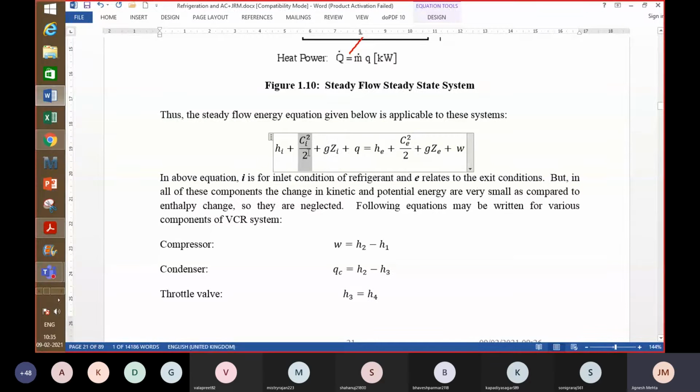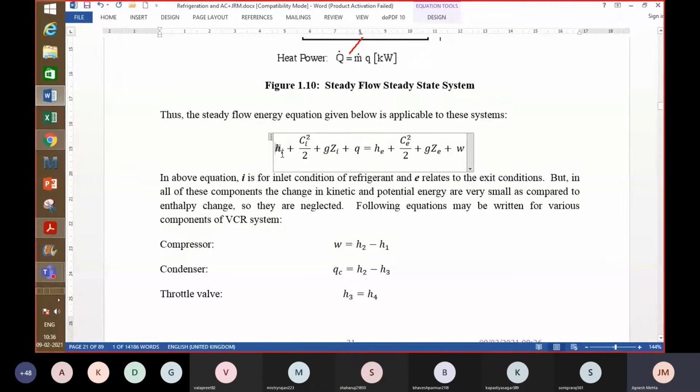They are negligible because it's a small device, and we are not saying that the velocity will be equal to 0, right? But the change in Ci square by 2 and Ce square by 2, the difference between those two will be very small, many times a fraction of a percent as compared to the other change. And the main change is the change in enthalpy. Hi and He, the difference will be very large.